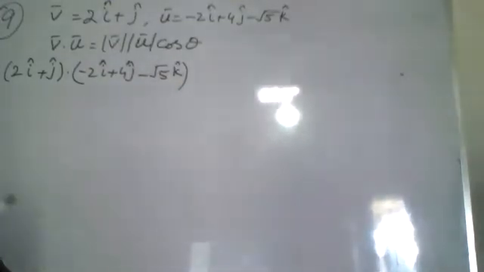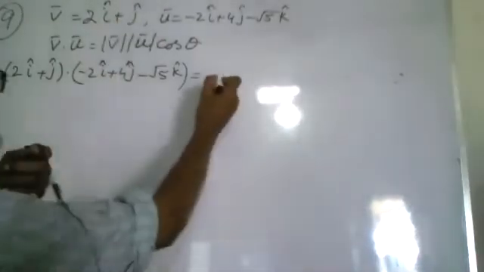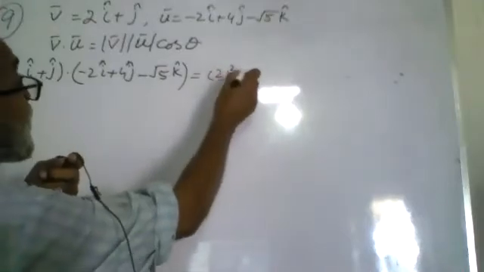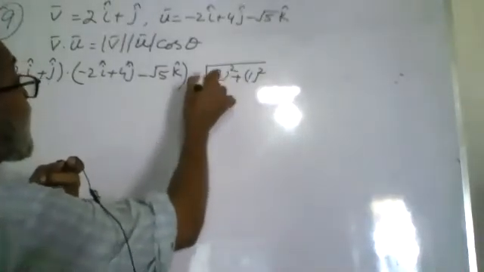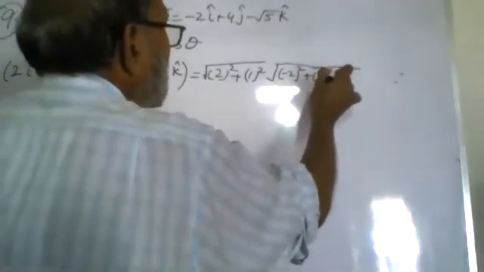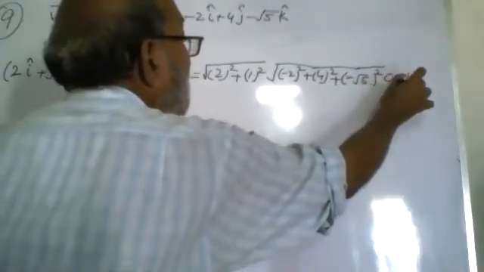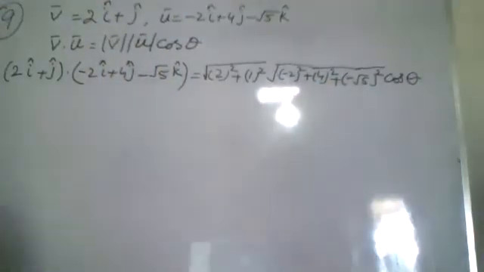This is the dot product. Now we'll find the magnitude of V, that is under root of 2 squared plus 1 squared, into the magnitude of U, under root of minus 2 squared plus 4 squared plus minus root 5 squared, into cos of theta.